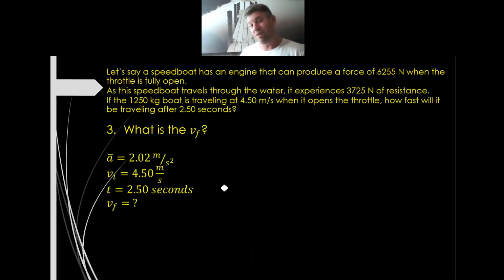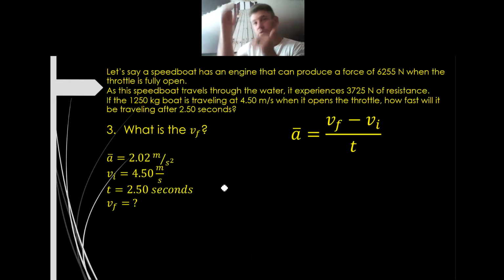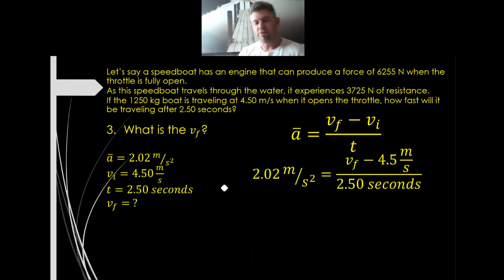Because I have a time, that immediately tells me I can't use the VF squared equation. The VF squared equation has a distance. I don't know that yet. So I have to use A equals VF minus VI over T, right? Again, that's a quick and easier way to kind of go through those equations and say, this one's the best one for me. So I plug this stuff in.